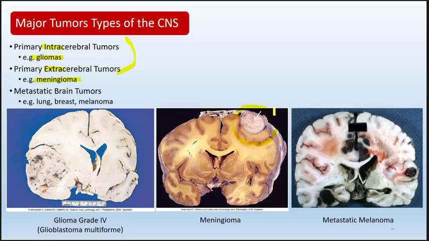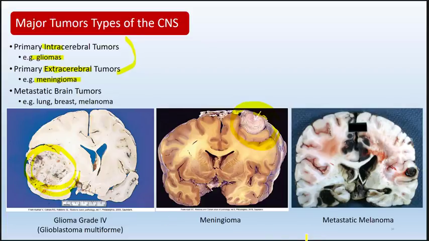And so this is an example here. And because of the superficial nature, and remember it's extracerebral, so outside the cerebrum, this is something that could be removed a lot easier than one that's found within. So in this example of a glioma here, this is concerning, and this is less concerning.